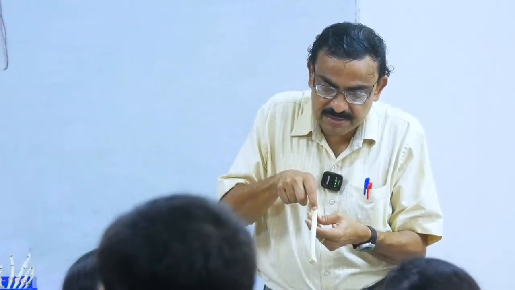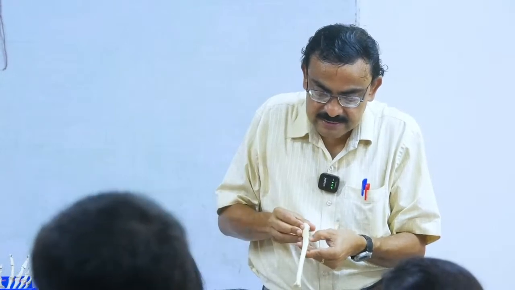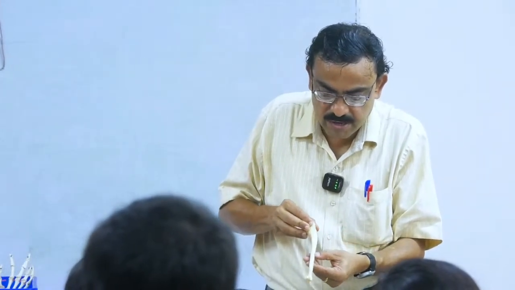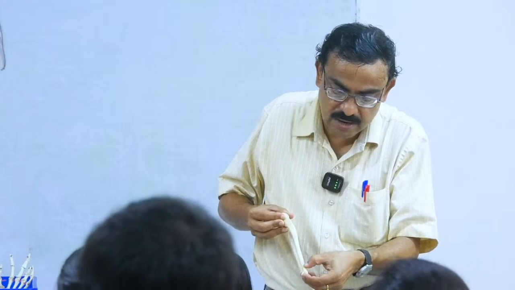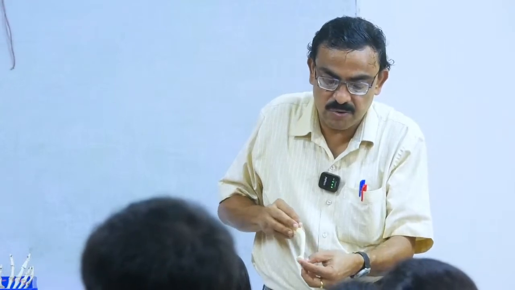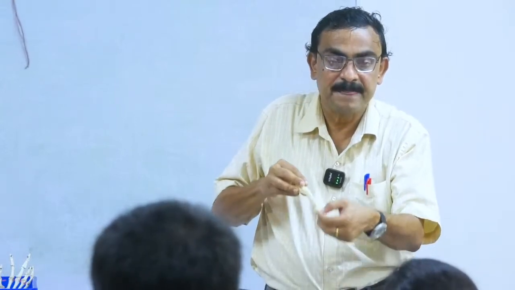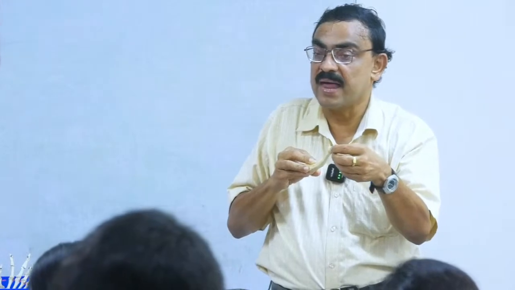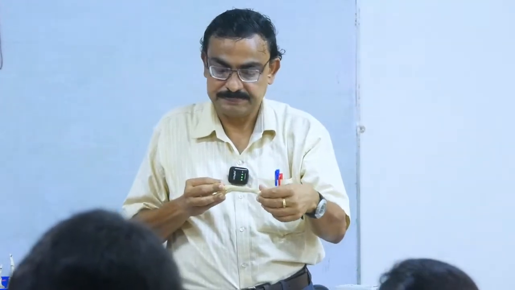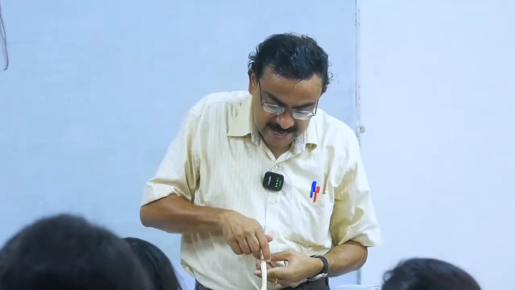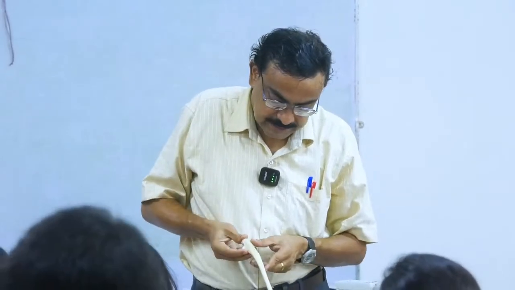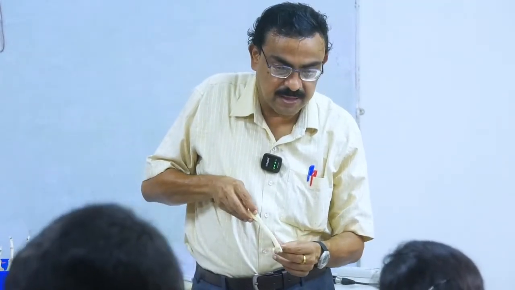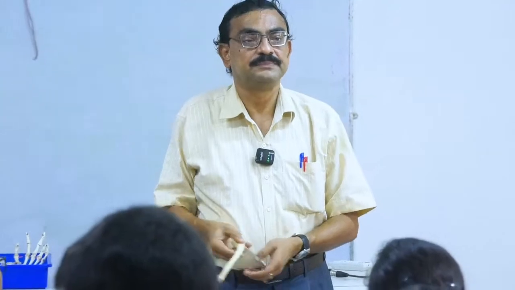From the apex of the triangle, the posterior border starts and goes down, continuing up to the styloid process of the ulna. Okay. So this is the anterior border, and this is the posterior border of the ulna.